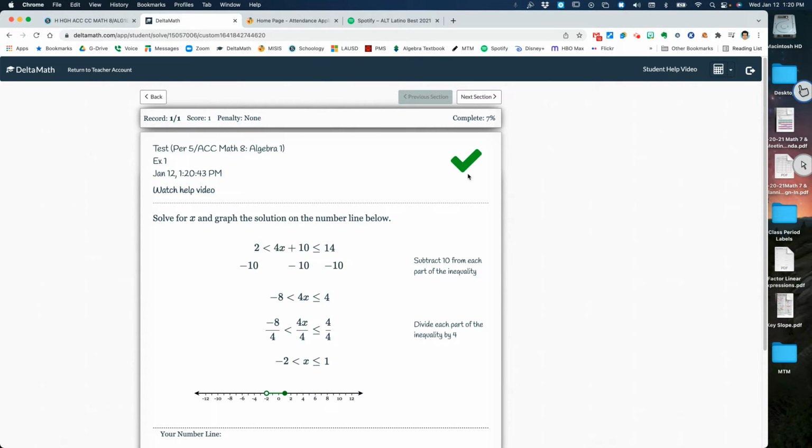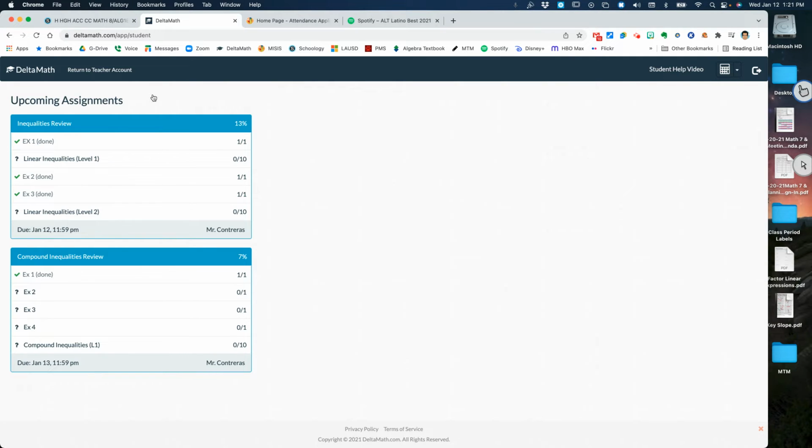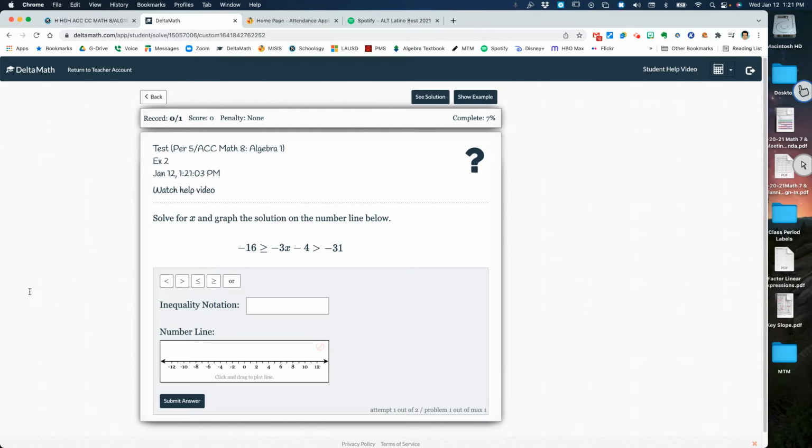Okay, I can go back and we'll do example 2. This is also an "and" inequality, right? But this one's a little messier. So I'm just going to write it down and solve it.